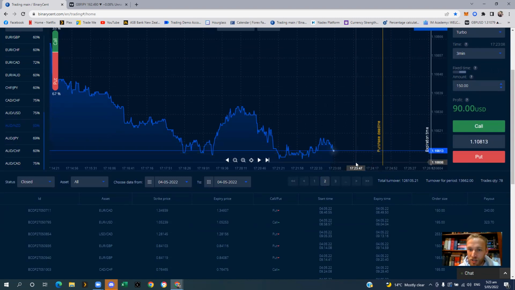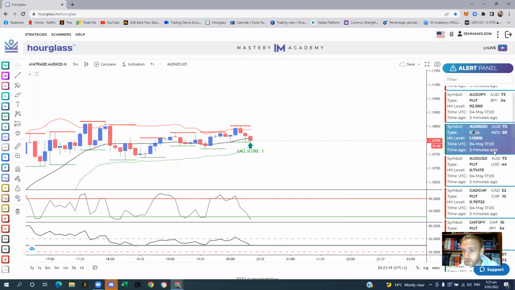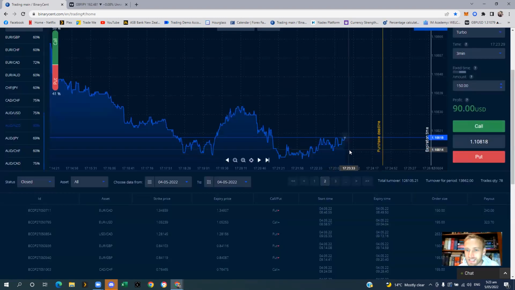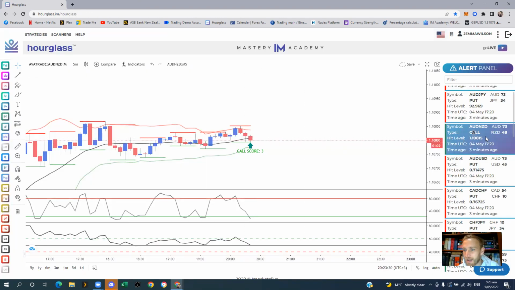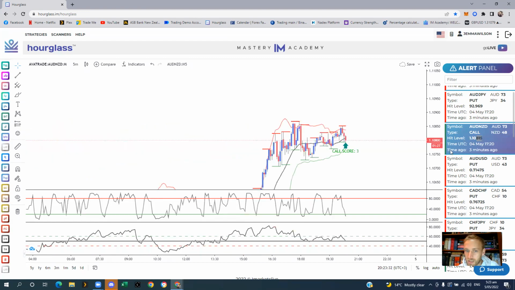And with this strategy, if you're just patient, patience is profit. It means that you're going to miss some, and you just have to be more patient. But I've really found that when I use their call outs on this, my win rate drops. I think the Hourglass scanner has about a 60% accuracy on its own by using these call outs.